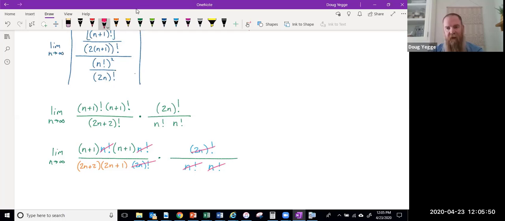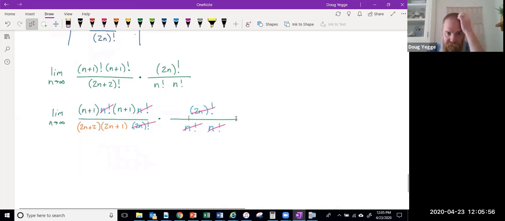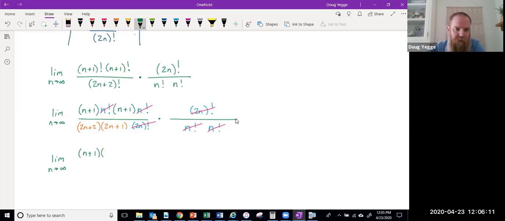This is the benefit of being able to use the ratio test when you're dealing with factorials, because it'll cancel all those factorials, leaving you with the limit as n approaches infinity of, well, just n plus 1 times n plus 1 divided by 2n plus 2 times 2n plus 1.